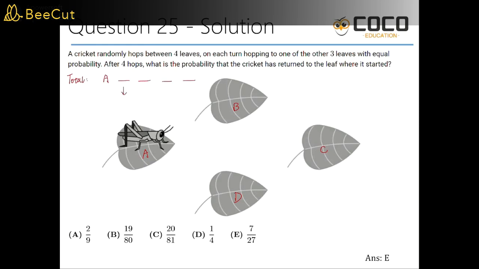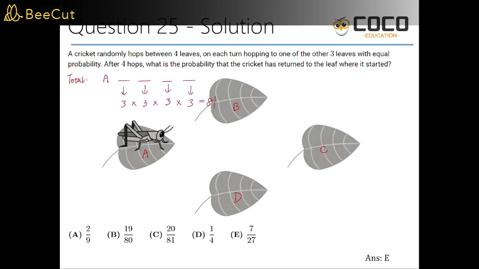The first hop can be any of the other 3 leaves, so 3 choices. Second is any of the other 3 leaves. Let's say if the second time the cricket is here, any of the other 3 leaves, also 3 choices. So each of these is 3 choices multiplied together. The total number of different outcomes is 81.